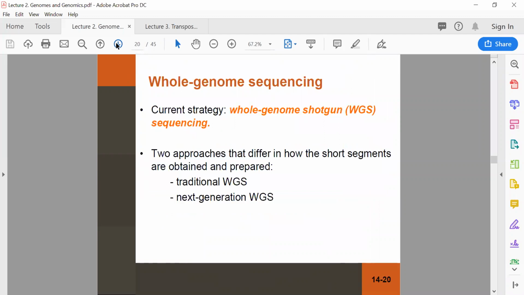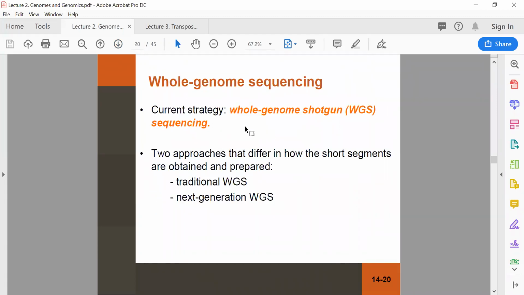All right, so we're going to look at two different approaches. There are actually a few different approaches to whole genome sequencing, but we're going to look at two, just very briefly. The current strategy in genome sequencing is called whole genome shotgun sequencing, usually abbreviated to WGS.